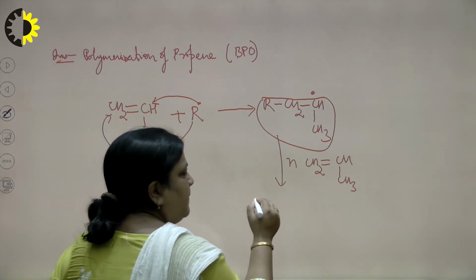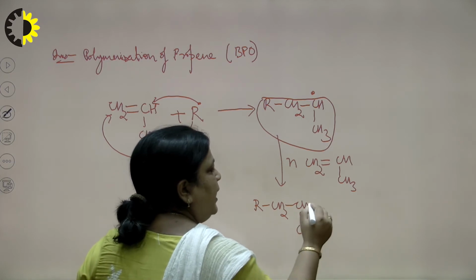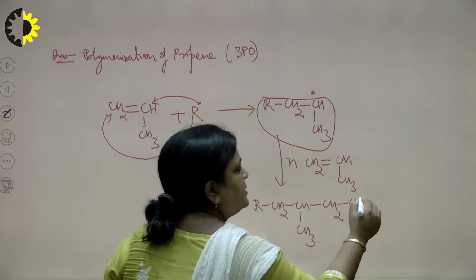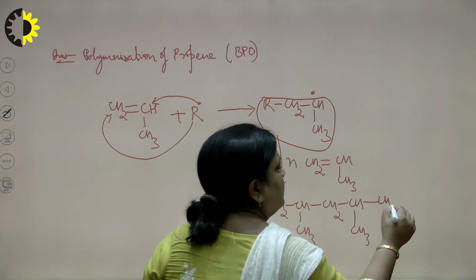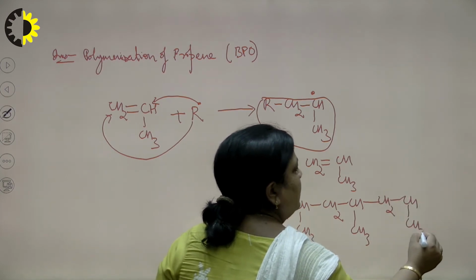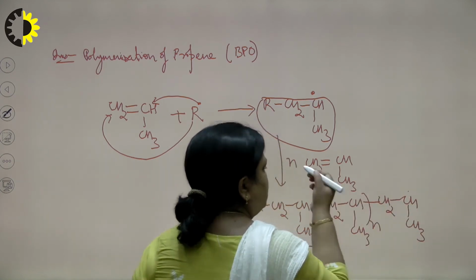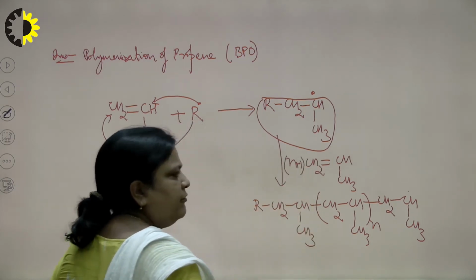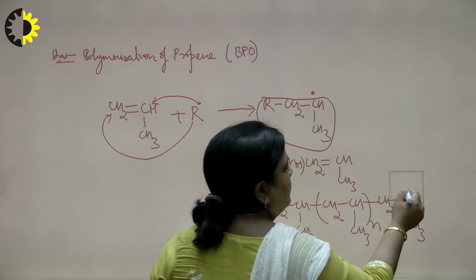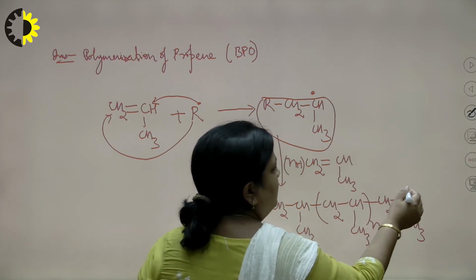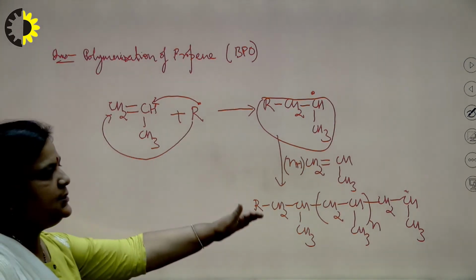So it will be R CH2 CH CH3, and then it adds with another, like this, and again it adds with another, and so on up to N. Here we can write N plus 1 if you have any confusion, N radical. Okay.